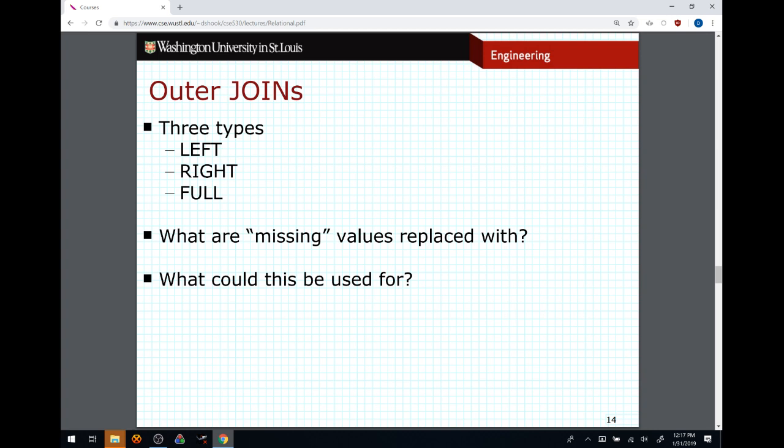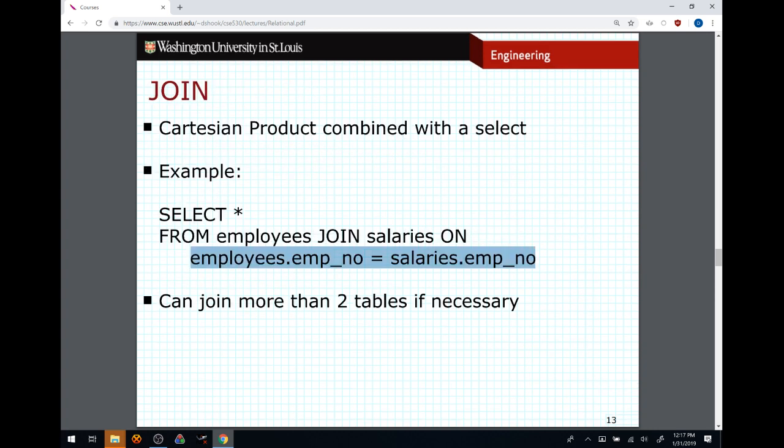If I do a left outer join, for example, left literally means look at the table that's listed on the left side of the join, and I'm going to keep all rows from that table, whether they match the condition or not. But for the table on the right, I'm only going to keep rows that match the condition.